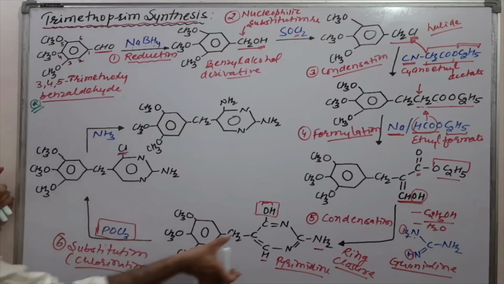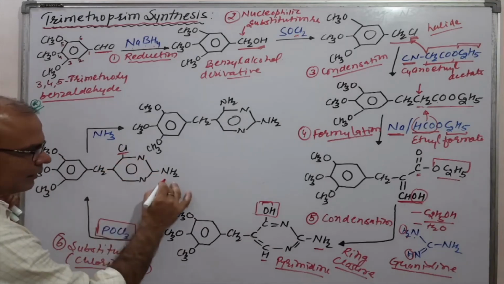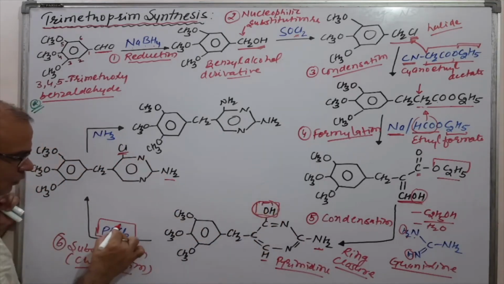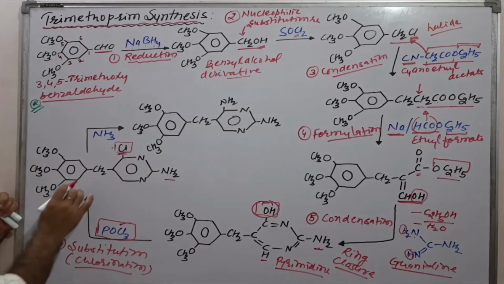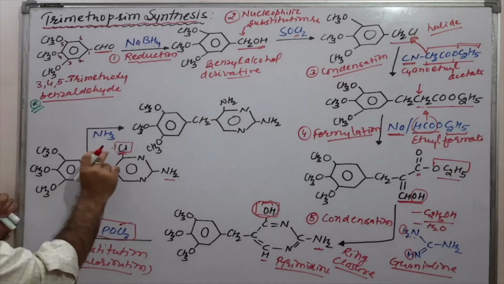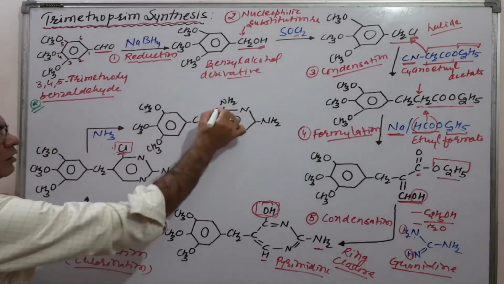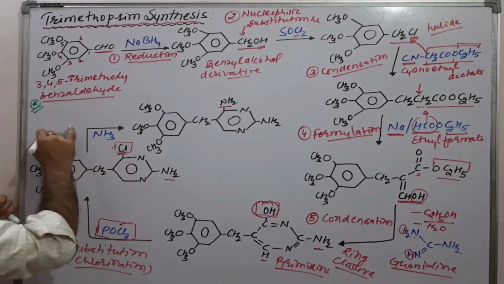Now this ring system I have drawn in this form. This is the NH2 group. The OH group is replaced by chlorine. Here the chloro derivative is there. The chloro derivative simply reacts with the amino group, that is the formation of the amino derivative, similarly reaction number 7.